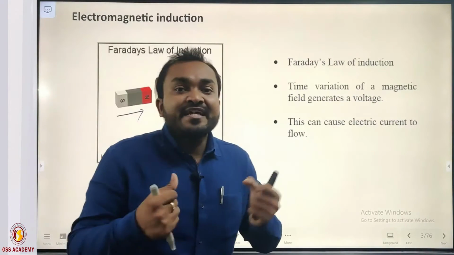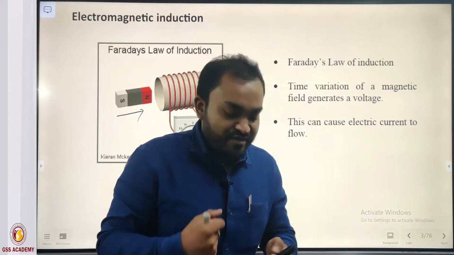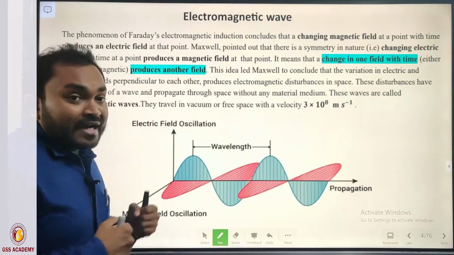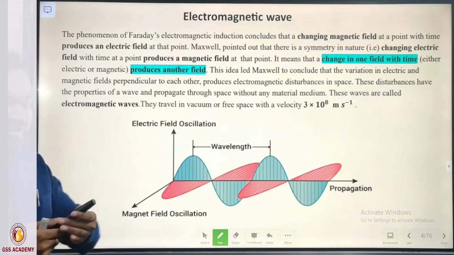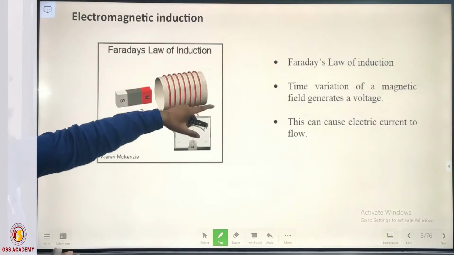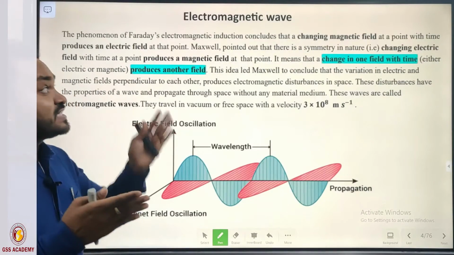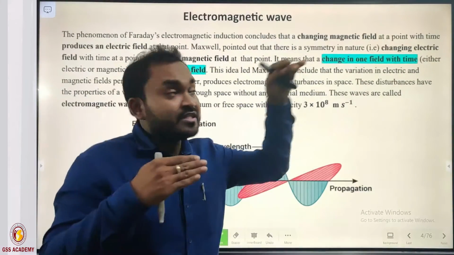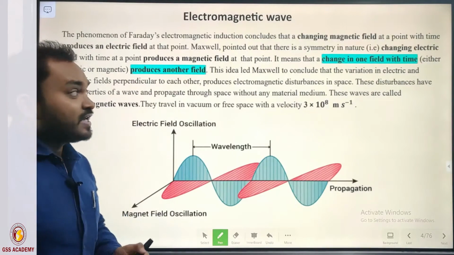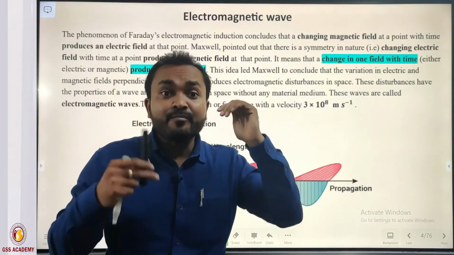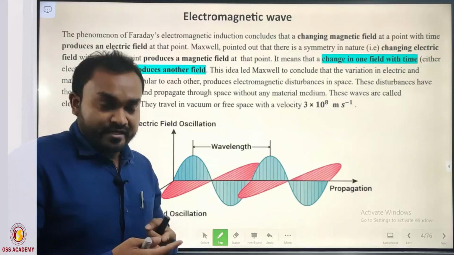By this coupling of electric and magnetic fields, the electromagnetic field or electromagnetic wave is generated. How is the electromagnetic wave generated? The phenomenon of Faraday's electromagnetic induction, which I have shown here, concludes that a changing magnetic field at a point with time produces an electric field at that particular point. So a changing magnetic field at a point with time produces an electric field at that point.